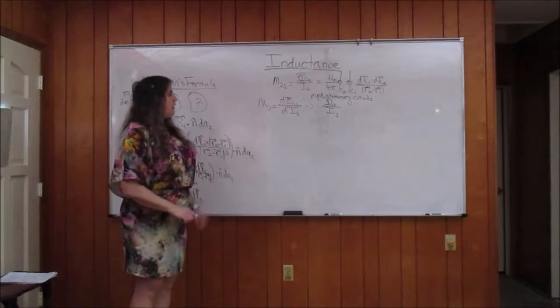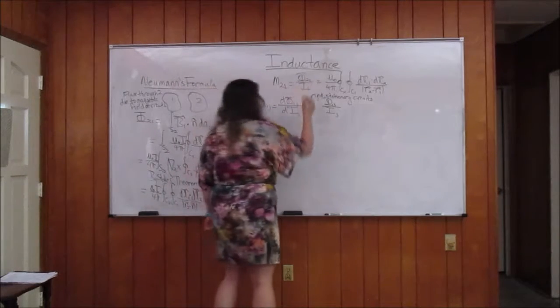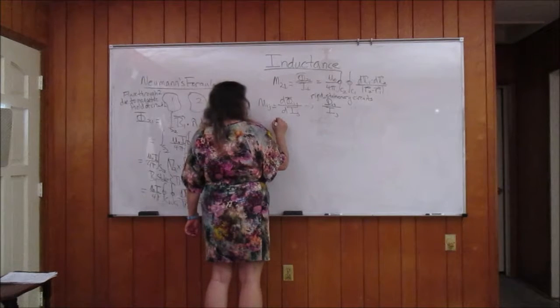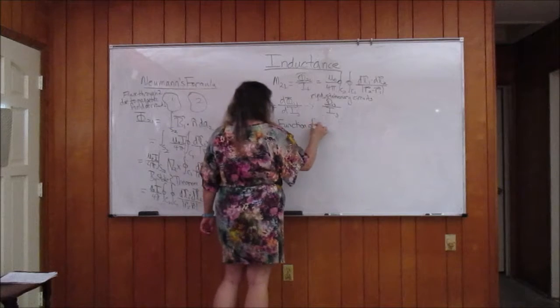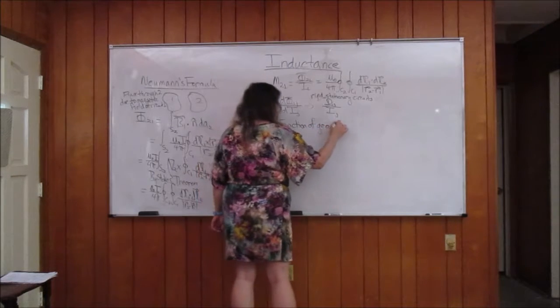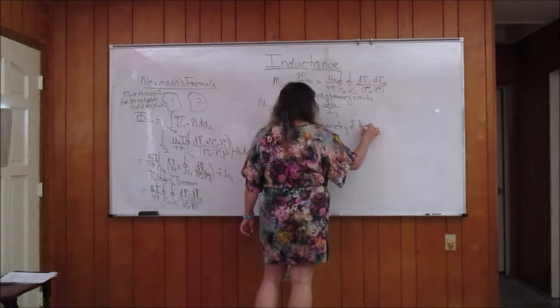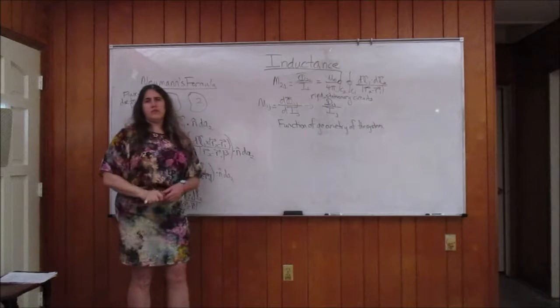Another feature that I'm going to point out here, notice there's no dependence on I. So this really just is a function of the geometry of the system. And in that sense, it's analogous to the capacitor.